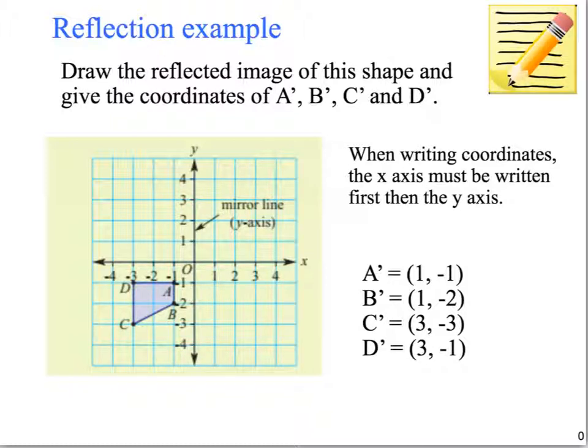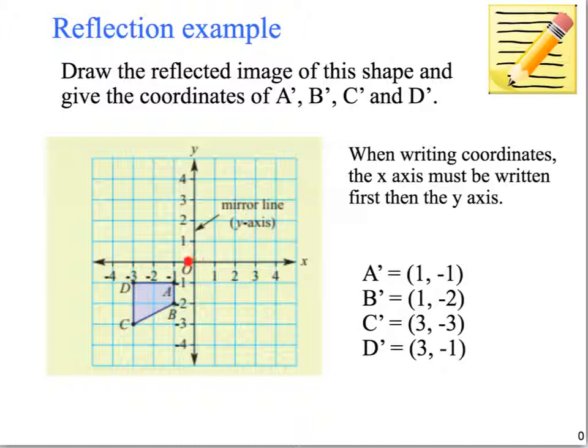Okay, and when we're identifying where the image is, we use the points on the grid to denote these things. So when we're looking at these coordinates, you may already know that you look at the x-axis first.